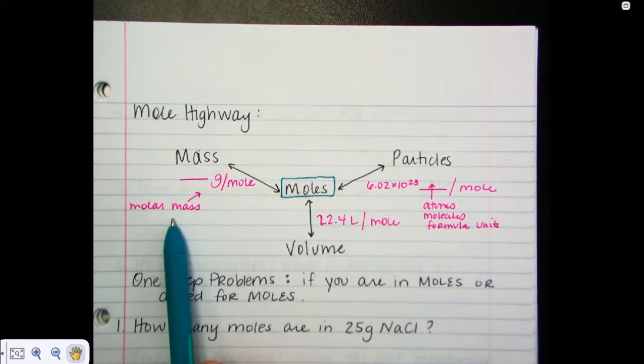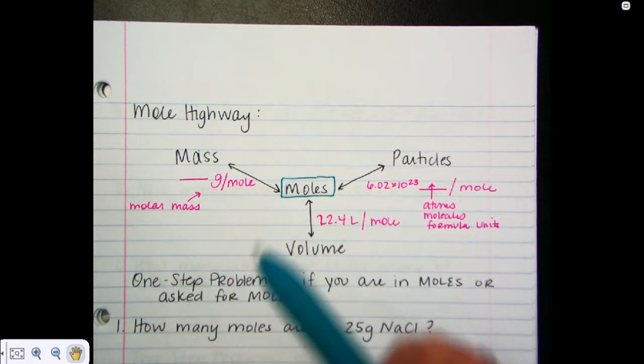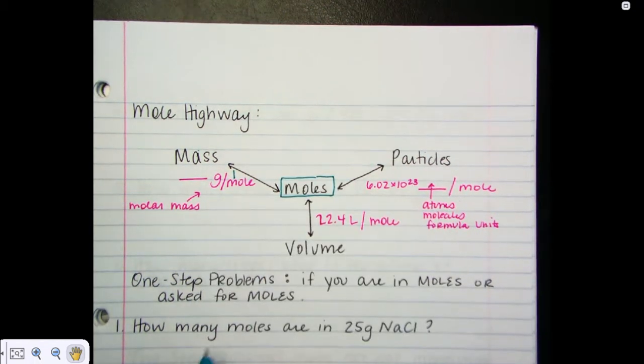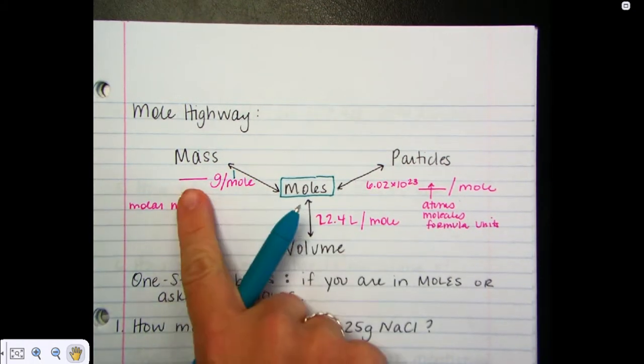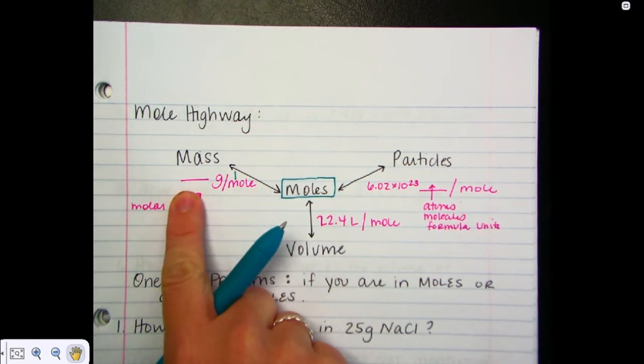If you don't remember molar mass, there's another video posted on molar mass. Remember that molar mass is the number of grams of a substance found in 1 mole of that substance. So when I calculate the molar mass, it's in grams per mole. Well, how many moles per 1 mole? So that's my conversion factor. X number of grams is equal to 1 mole. 1 mole is equal to X number of grams.